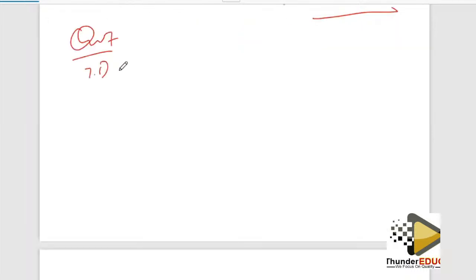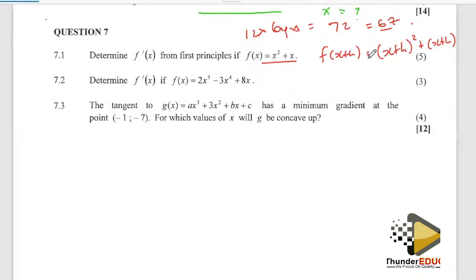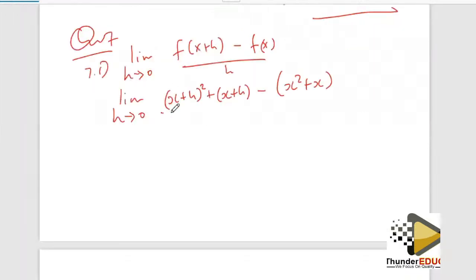Then we just substitute and say the limit as h tends to 0 of f of x plus h minus f of x, over h.